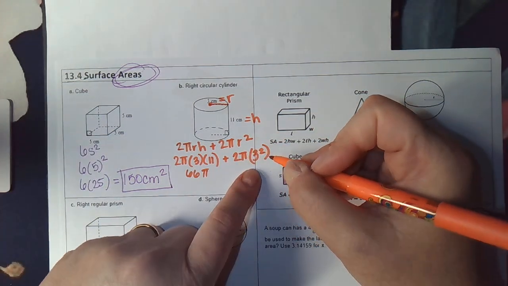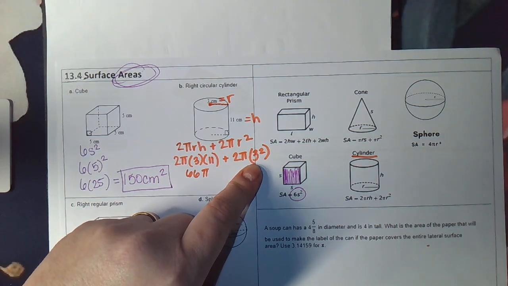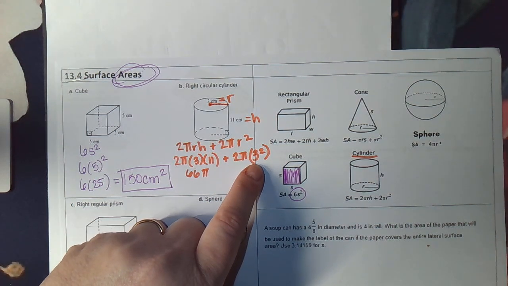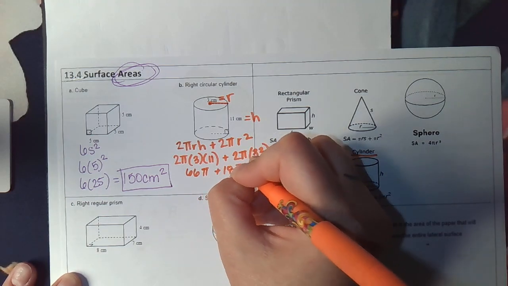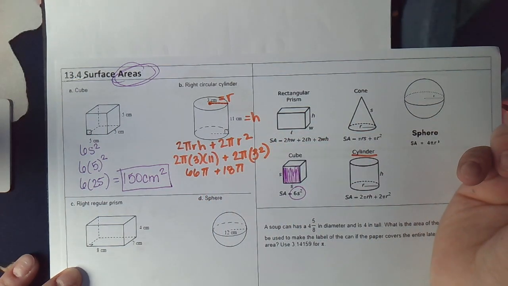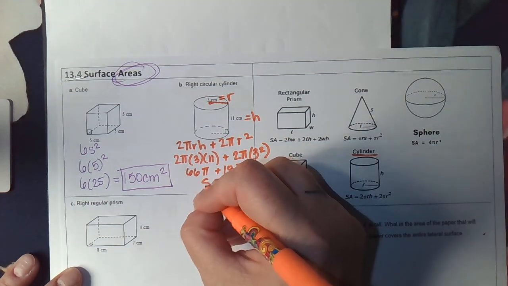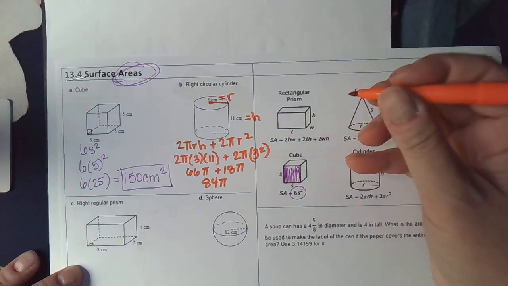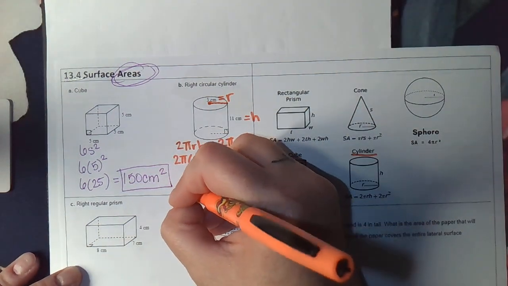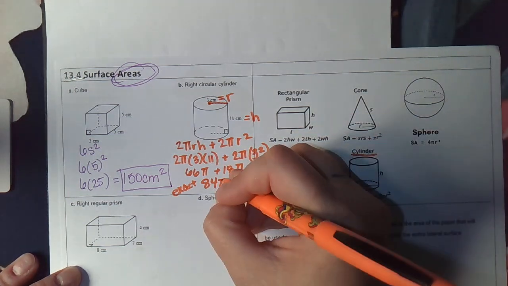Over here, PEMDAS first. 3 squared, 3 times 3 is 9, times 2 is 18 with a pi on it. Okay, let's add those up. 66 plus 18 is 84. Keep the pi. Okay, and this is called the exact answer.